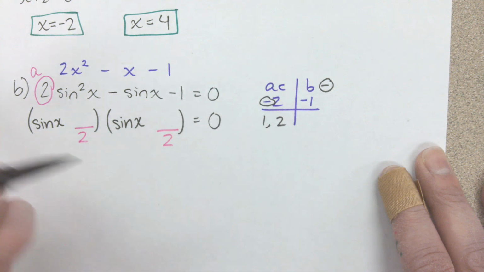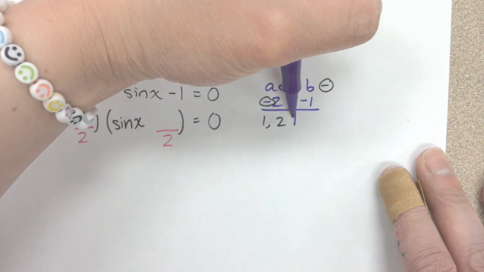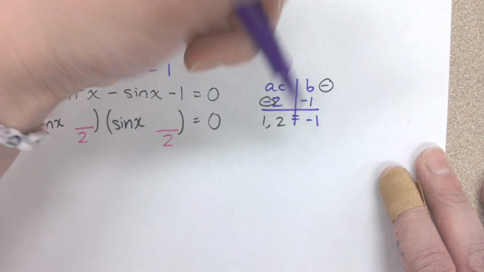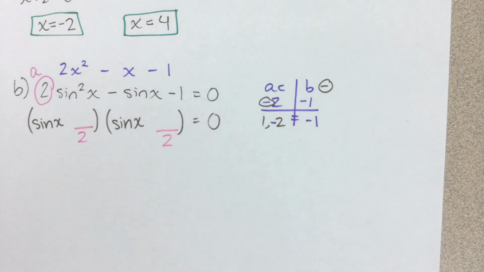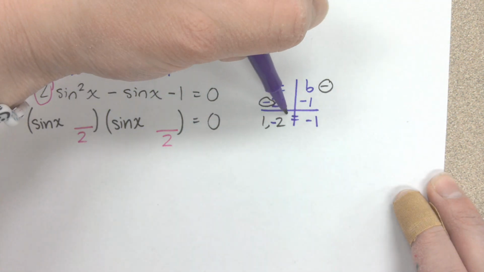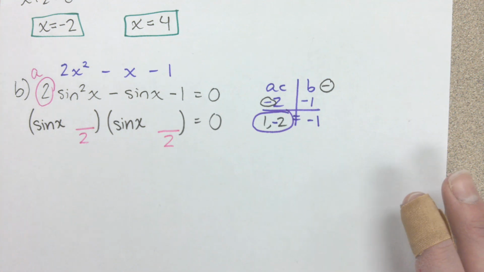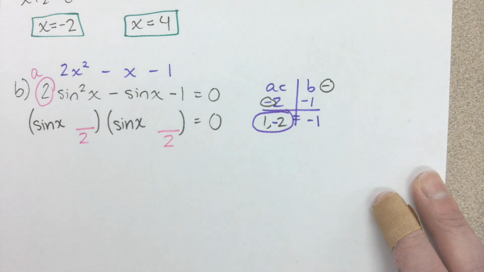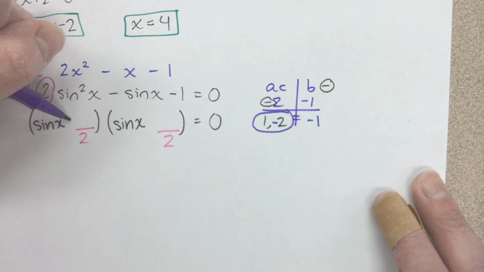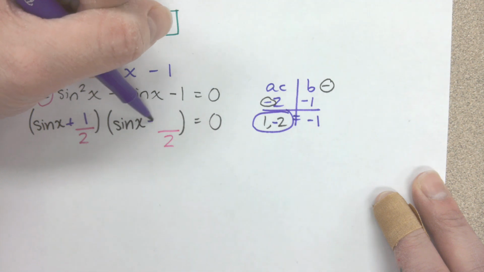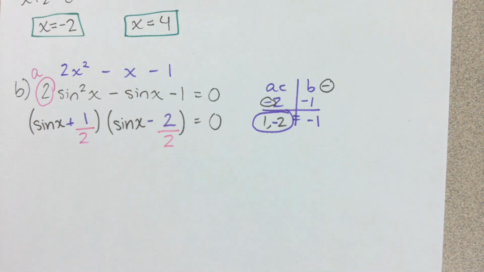When we subtract these, you can clearly see we'll end up with 1. To get -1, the 2 has to carry the negative to make that work. These are my 2 factors. So we have sine of x plus 1 over 2 and minus 2 over 2.